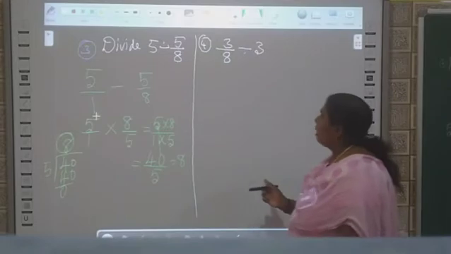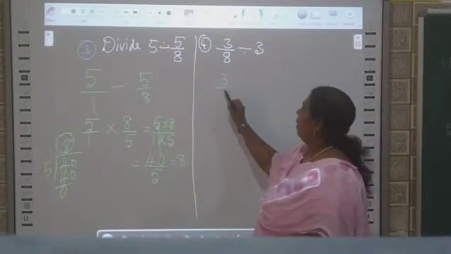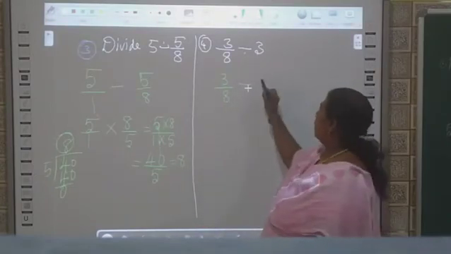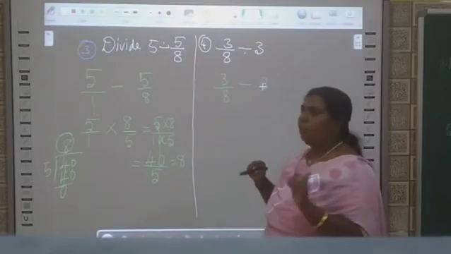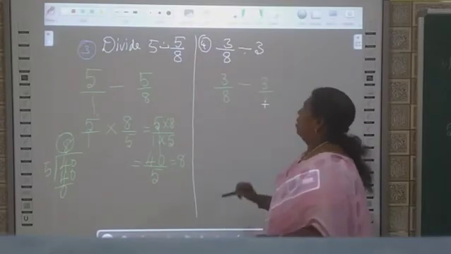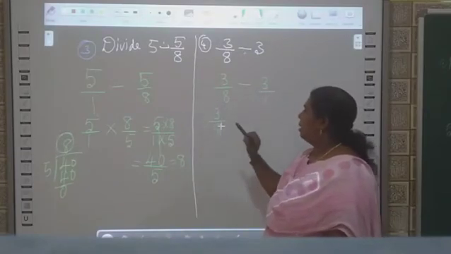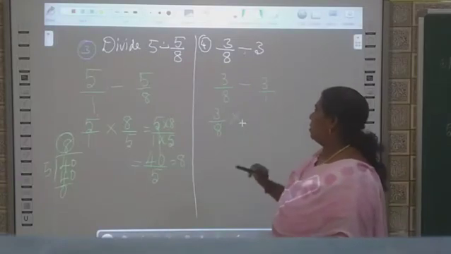Then the fourth example. 3 divided by 8. Here one whole number is there, right? That is 3. What is the denominator value? 1. Yes. First fraction you have to write as it is, 3 by 8. Next step you have to change the sign, that is multiplication sign.